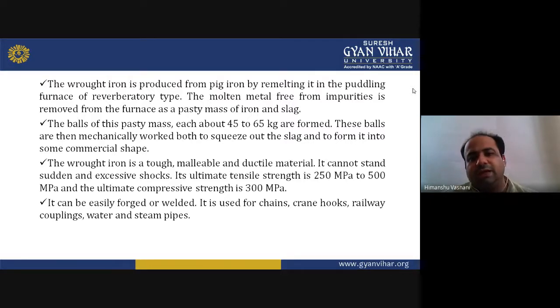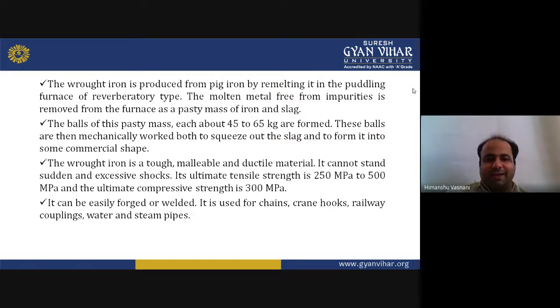Its ultimate tensile strength is around 250 MPa to 500 MPa, and the ultimate compressive strength is around 300 MPa. So you can see the tensile and the compressive strength is given. Though this wrought iron is a tough, malleable, and ductile material, sudden shocks are not acceptable.